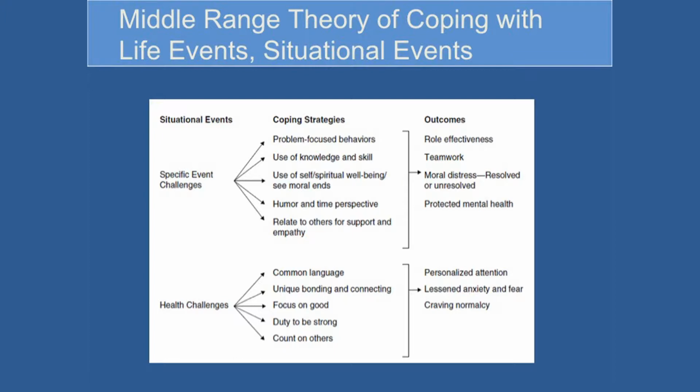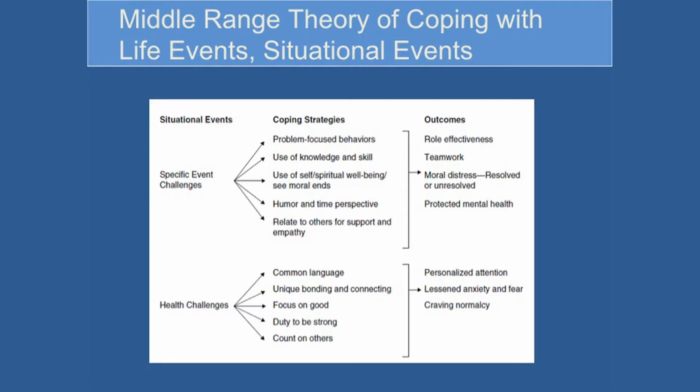The coping strategies here were problem-focused behaviors, the use of knowledge and skill, the use of self, spiritual well-being, and moral ends, humor and time perspective, and relating to others for support and empathy.